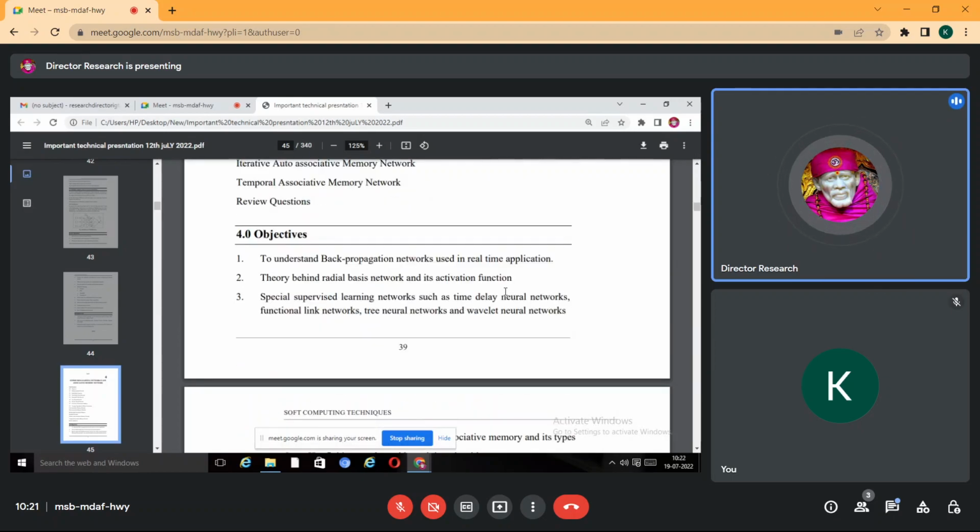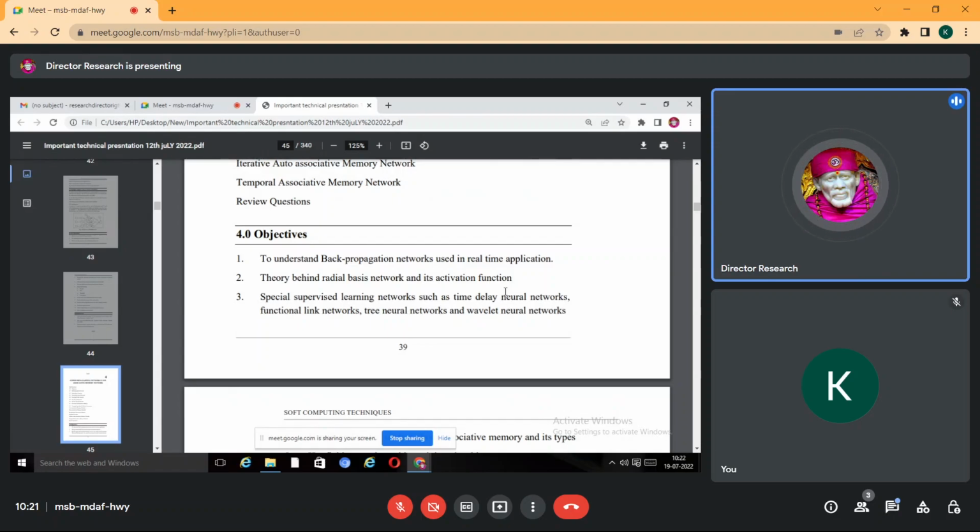The objective is what we have to meet here: to understand the backpropagation networks and real-time network applications. Objective 1, to understand backpropagation networks used in real-time applications.